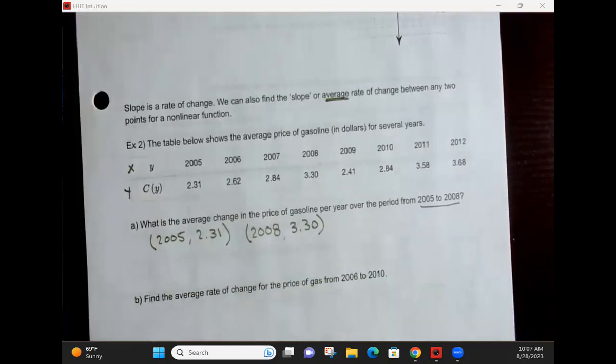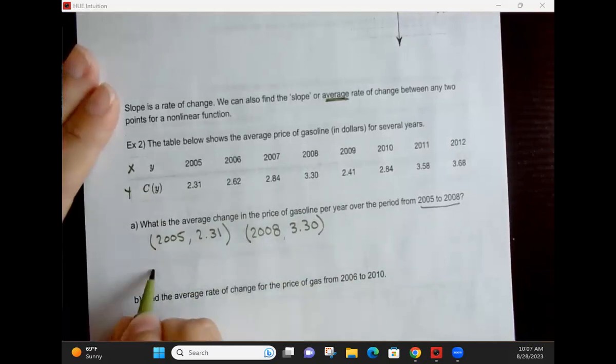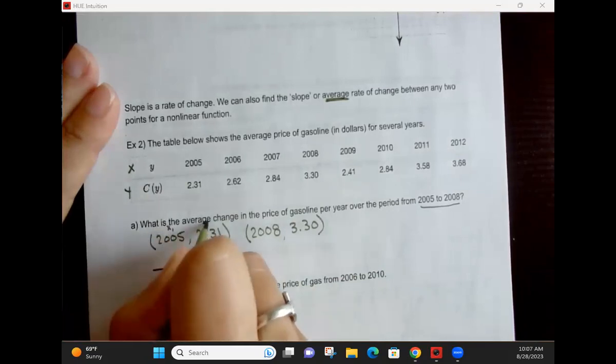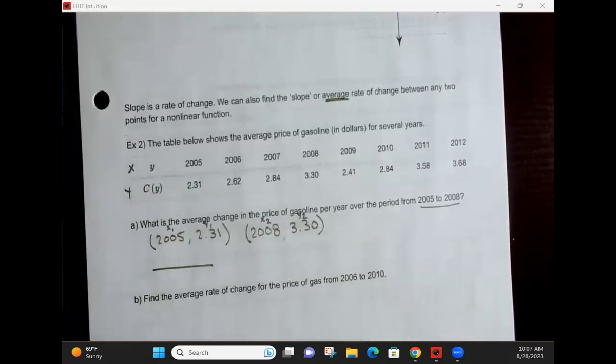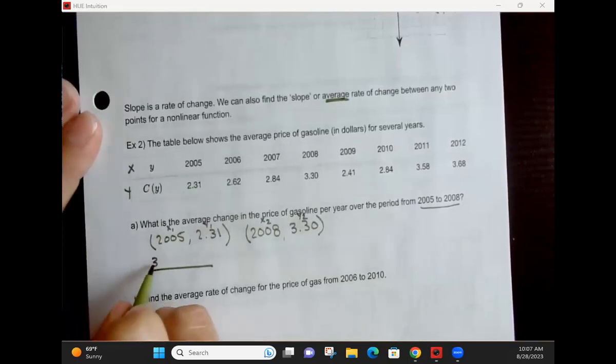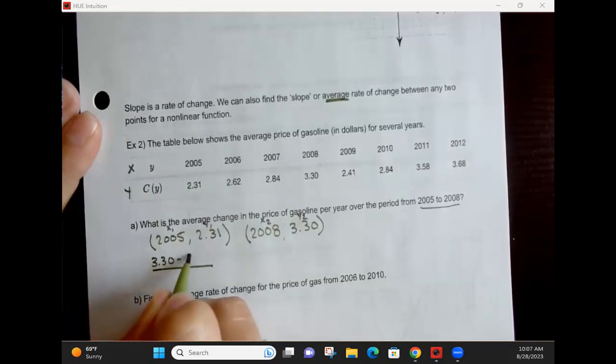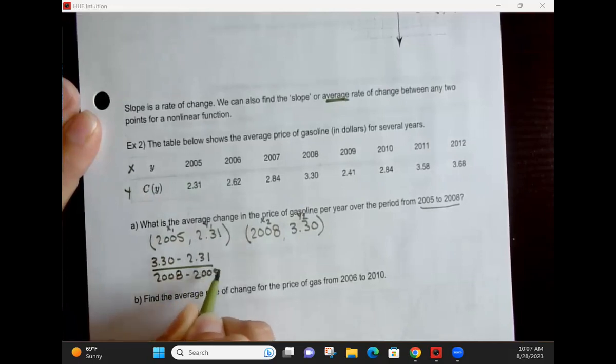So I'm going to find essentially the slope between these 2 points. Computationally, I'm finding the slope. So this would be, if you're a labeler, x1, y1, x2, y2. If you're not a labeler, that's okay. 3.30 minus 2.31 over 2008 minus 2005.